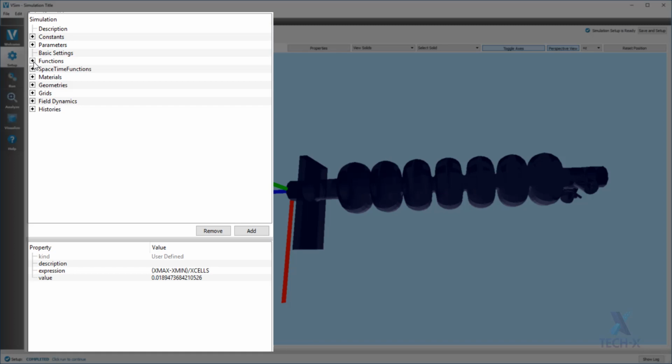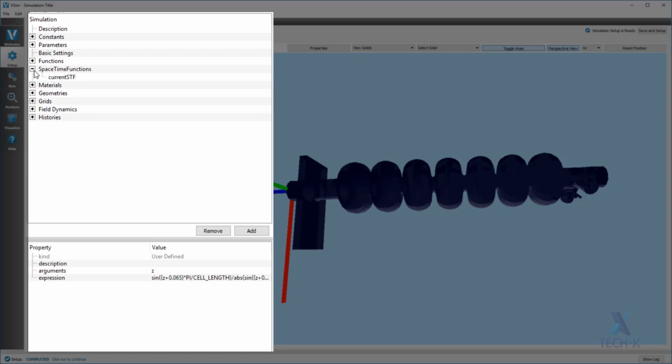We need a function or two to drive the current. So we have a current function here, and we have a sine function which will basically alternate the direction of that field.